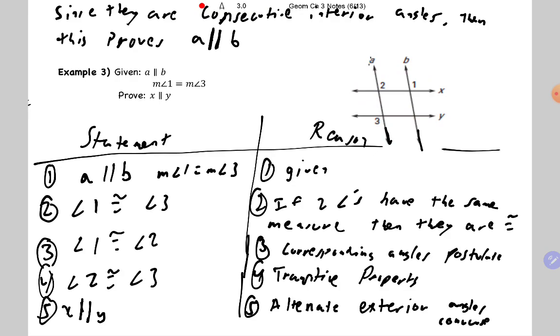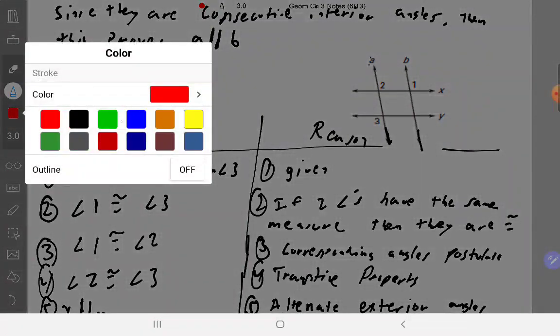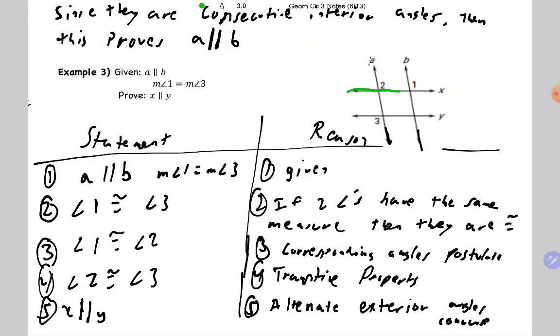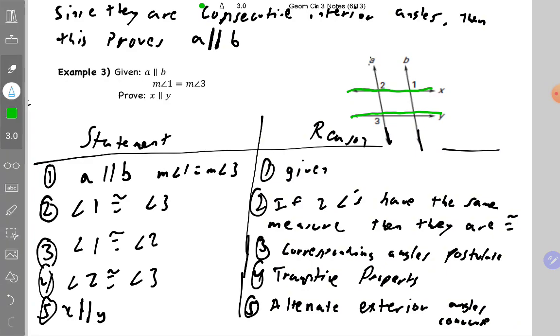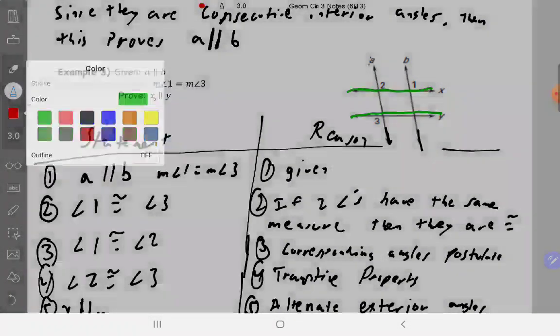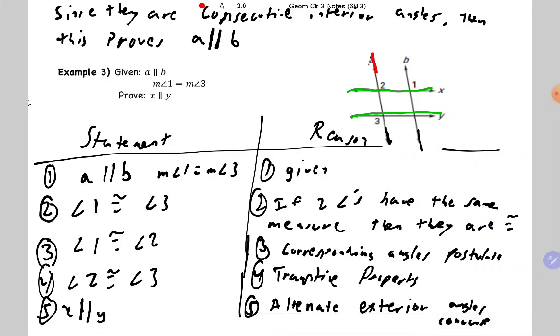And then now we're trying to prove that x and y are parallel. So I needed a transversal that I could use and two angles that I could use. I used 2 and 3.